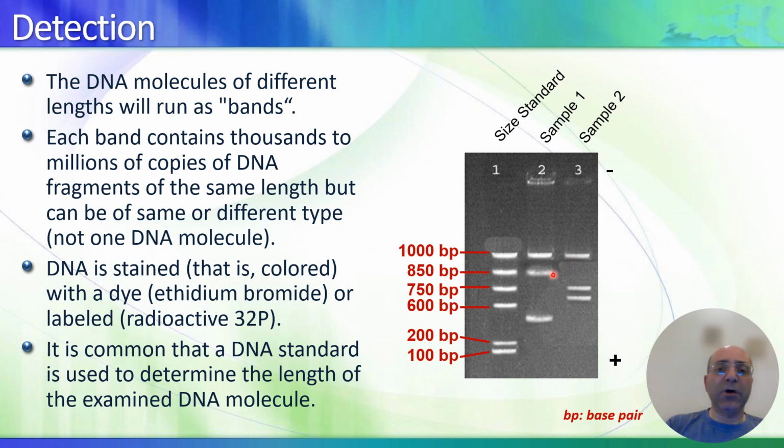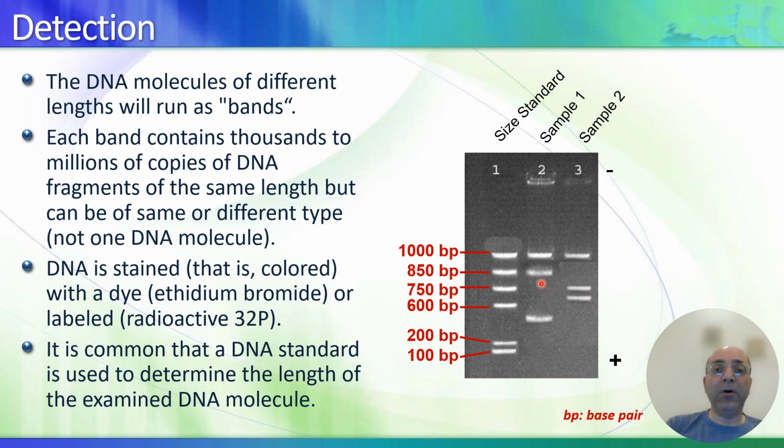So I know that these DNA molecules within this band travel the same distance as this band right here. So I can estimate that the DNA molecules within this band are about 1,000 base pairs. The same thing applies here.